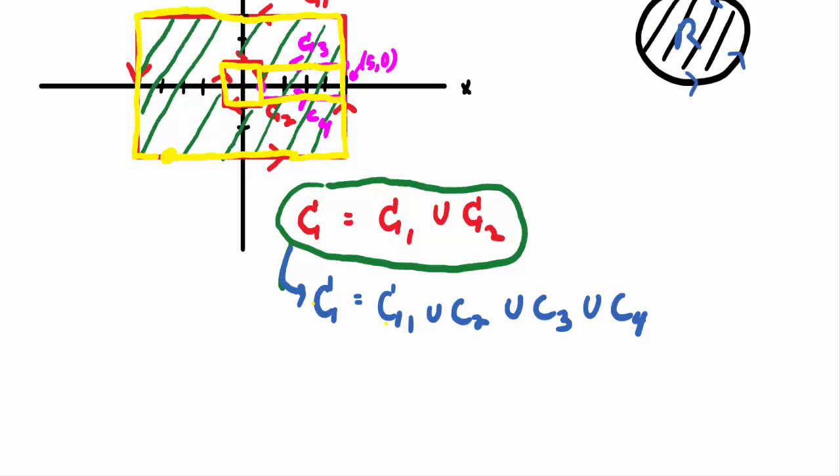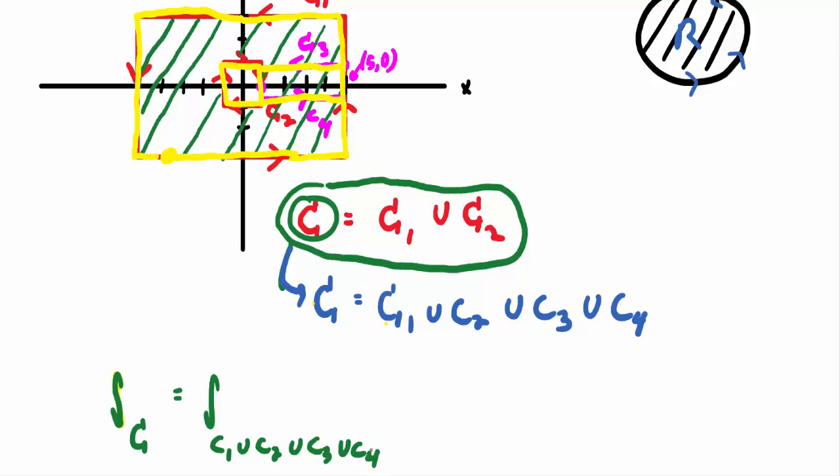You might say integrating over the new version of C is not the same thing as the original version of C. But it is, because if you integrate over C, I'm kind of disregarding most of the notation here, then that's integrating over C1 union C2 union C3 union C4, right?